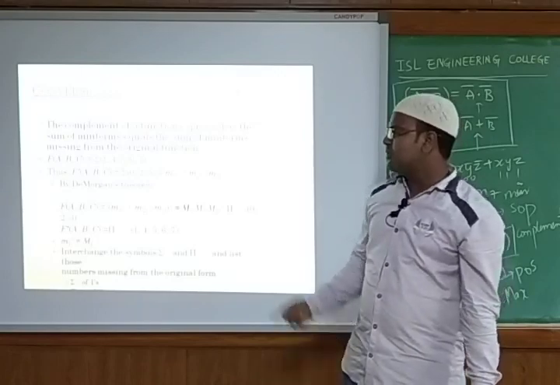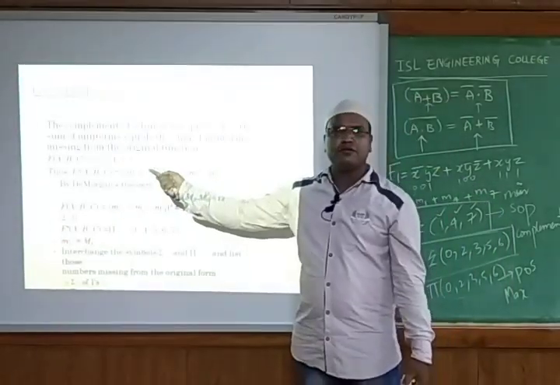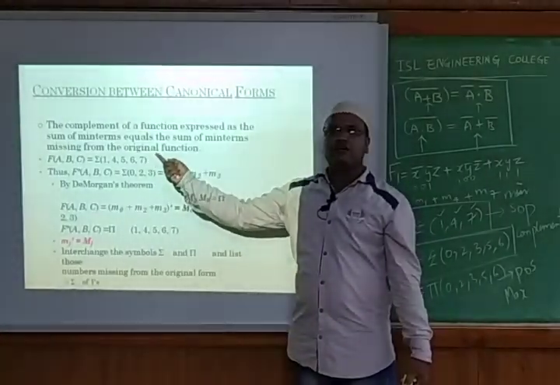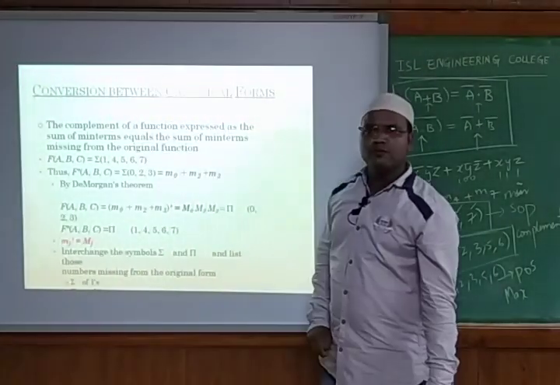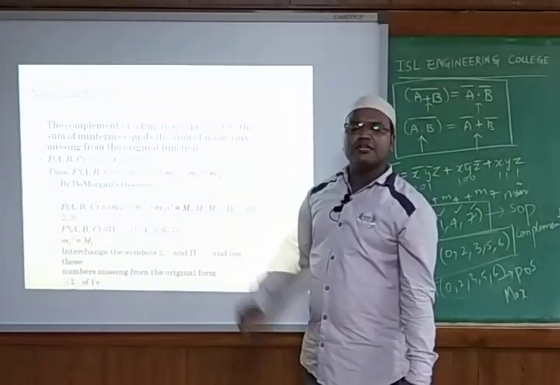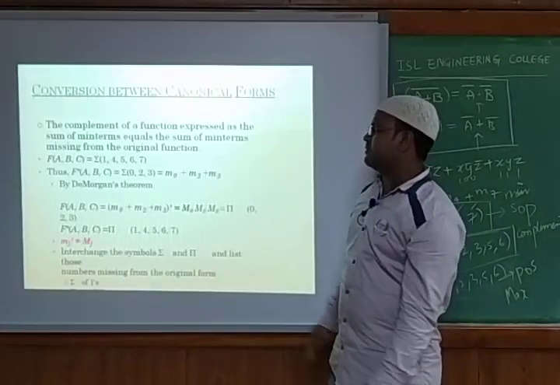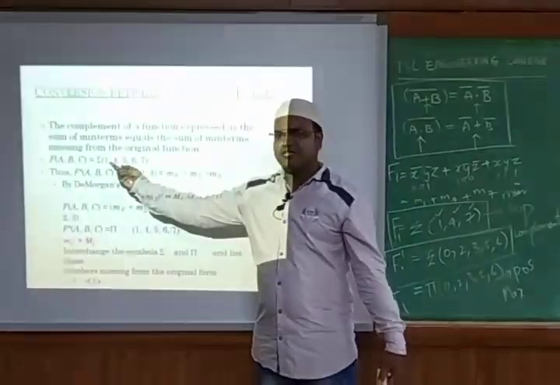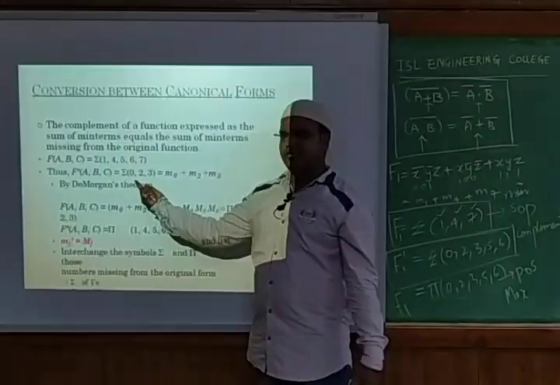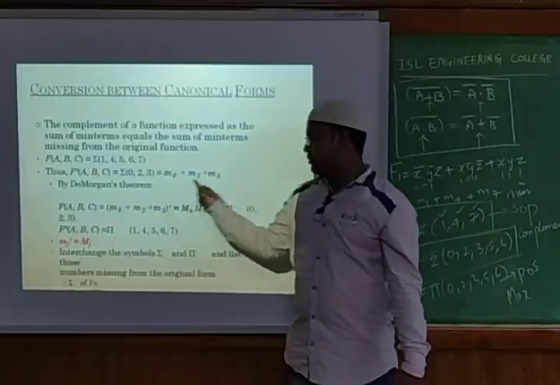For doing these, you take questions like F equals sigma of 1, 4, 5, 6 and 7. For this, you'll try to write its respective terms in terms of the complement. We want to write the function, whatever is not present in this: 0 is not present, 2 is not present, 3 is not present, we wrote them.